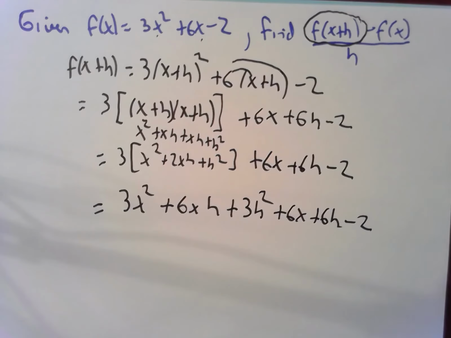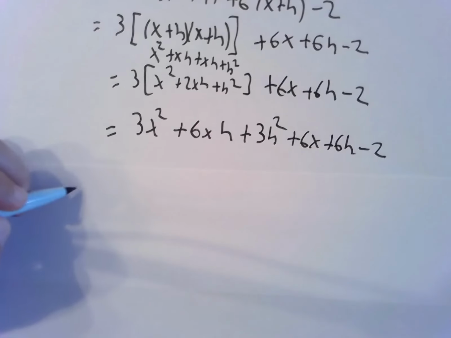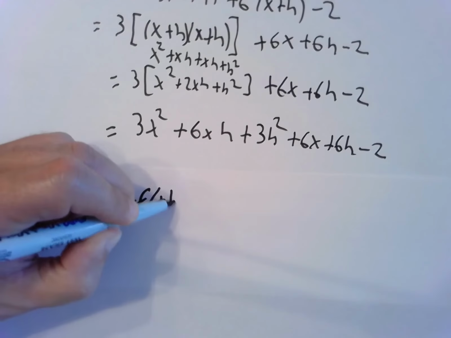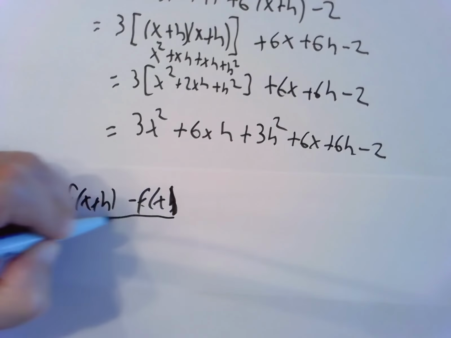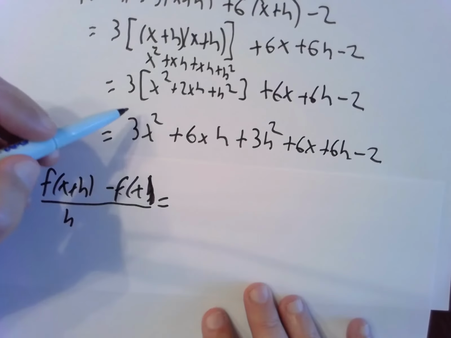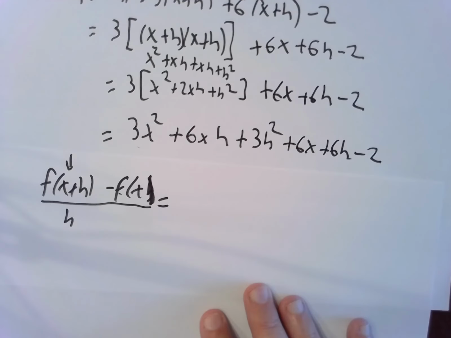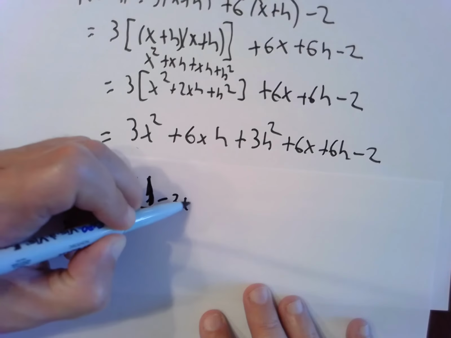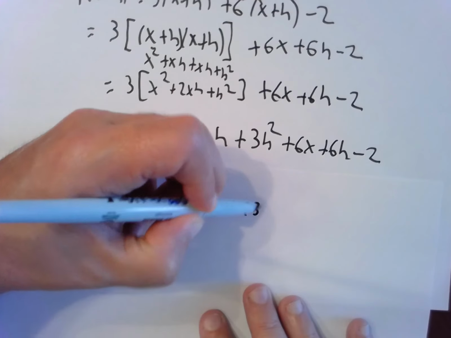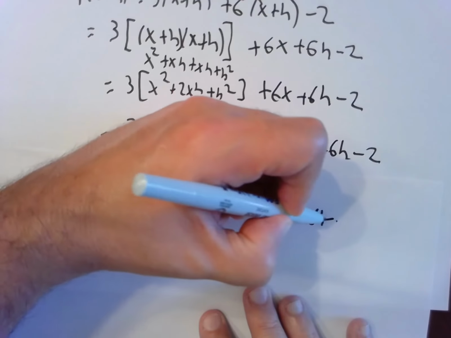Okay, so for the whole thing, we want f of x plus h minus the original f of x all over h. That will be, all of this up here was f of x plus h. That's this part right here. So let's write that down. 3x squared plus 6xh plus 3h squared plus 6x plus 6h minus 2.